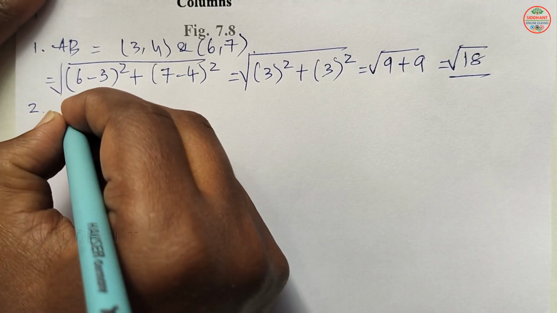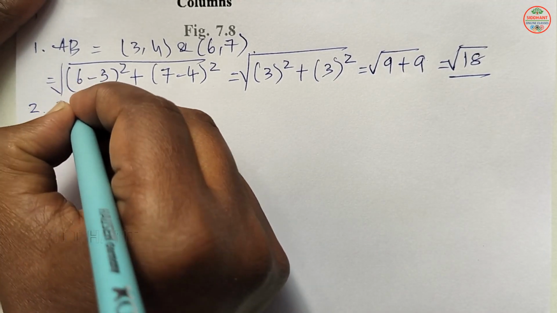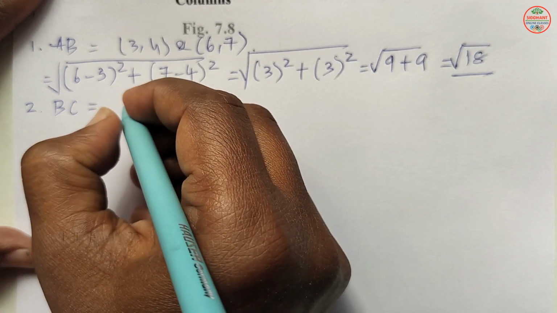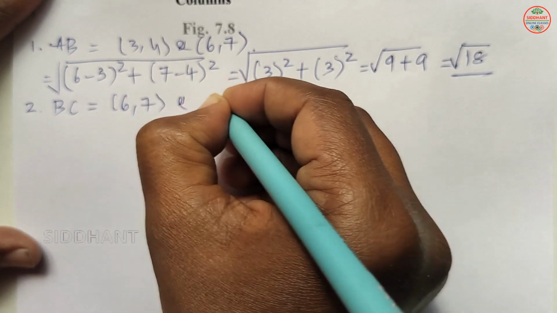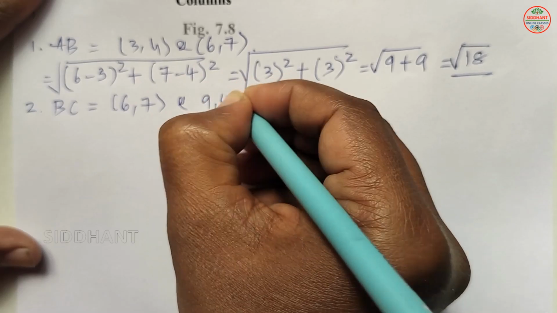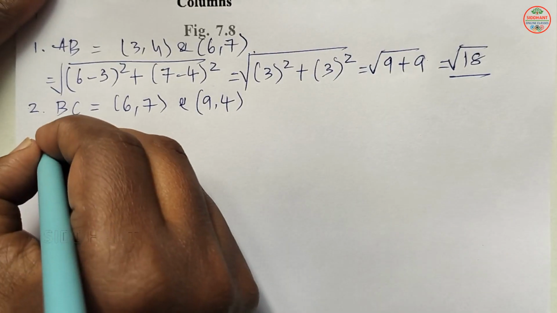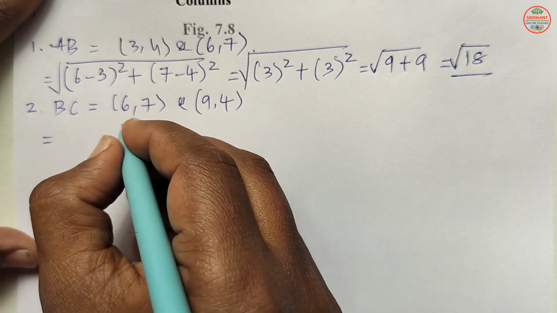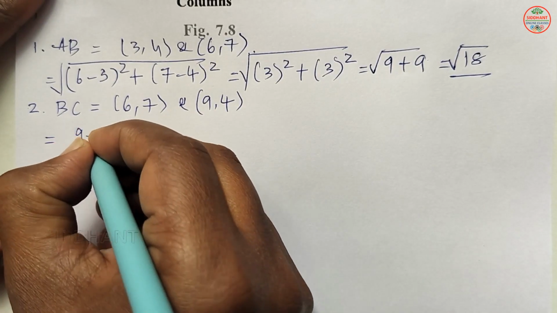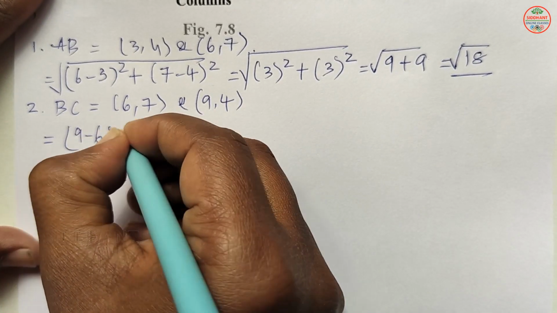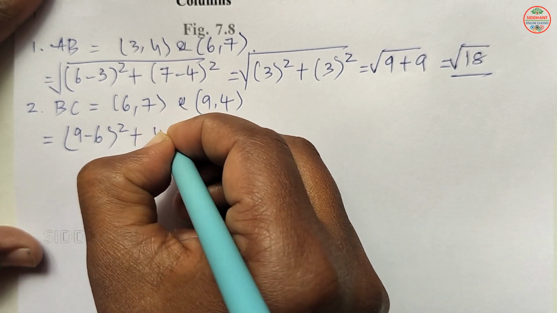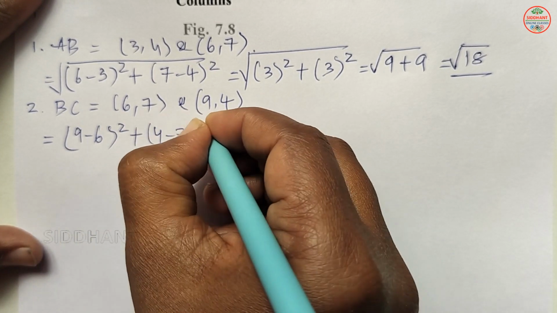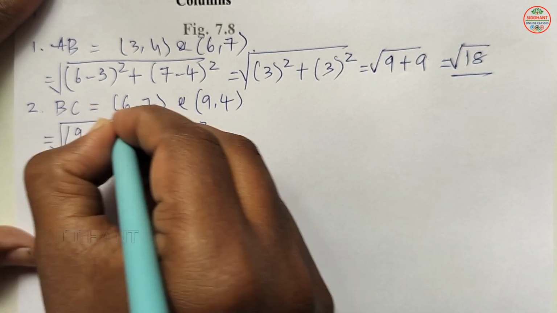Next we are going to see the BC distance. BC, which is 6, 7 and 9, 4 here. So that equal to x2 minus x1, which will be 9 minus 6 whole square plus y2 minus y1, 4 minus 7 whole square here.